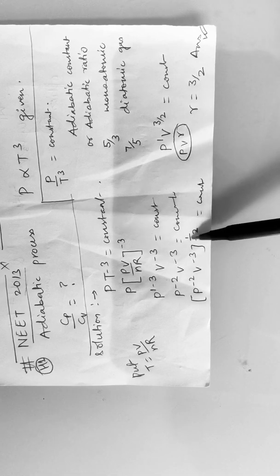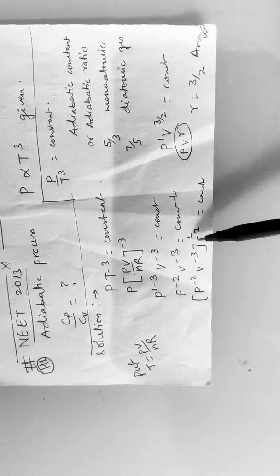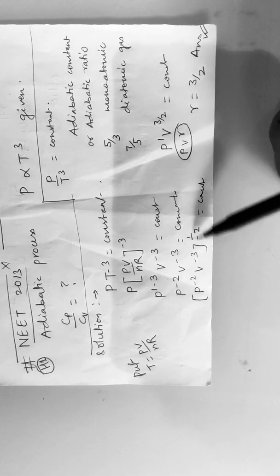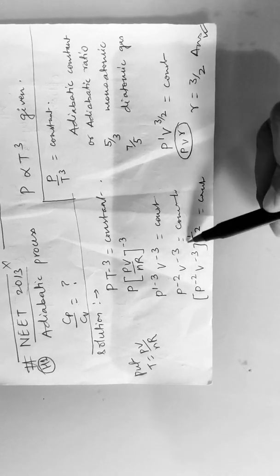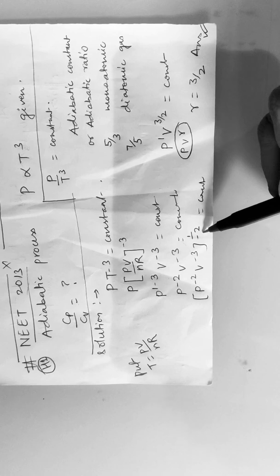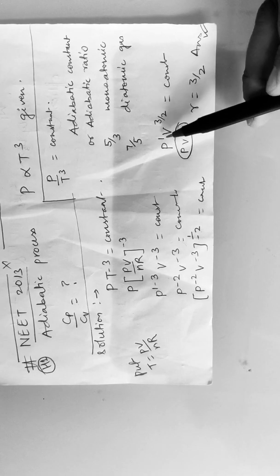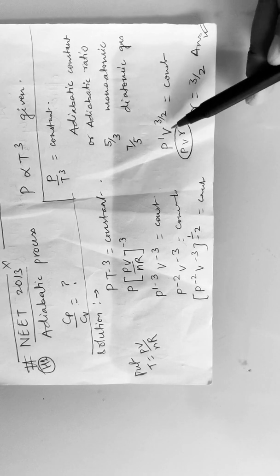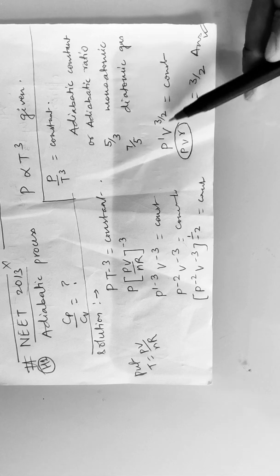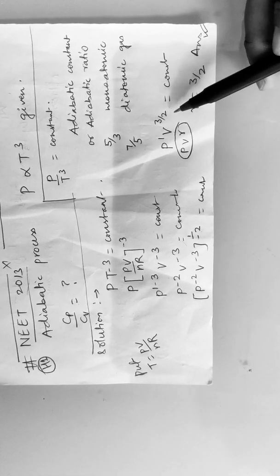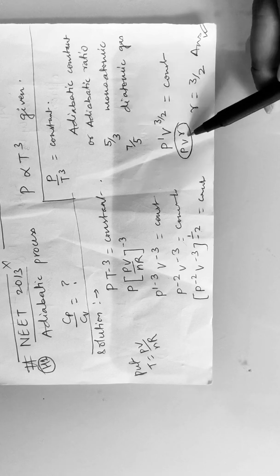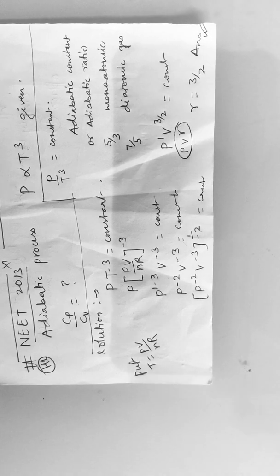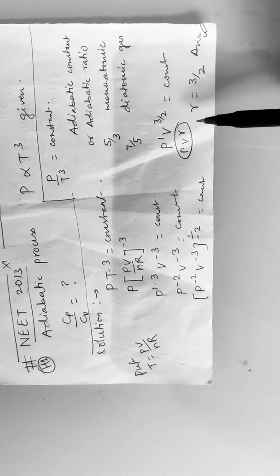So why have we taken the whole raised to the power minus half? Because this P has power 1, and the power of V is 3 by 2, and this becomes constant. Try to equate with the standard equation of the adiabatic process. So PV raised to the power gamma: gamma is 3 by 2. That's the answer, gamma is 3 by 2.